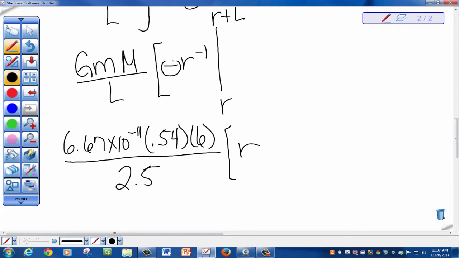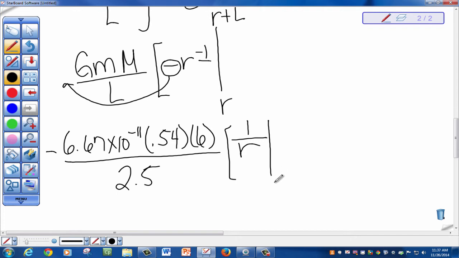Since we have this negative sign here, we can bring it out to the front. It'll make life so much easier when you're doing the algebra. So I have negative everything that I stated before, r, and since we have a negative exponent here, it's the same thing as saying 1 over r.